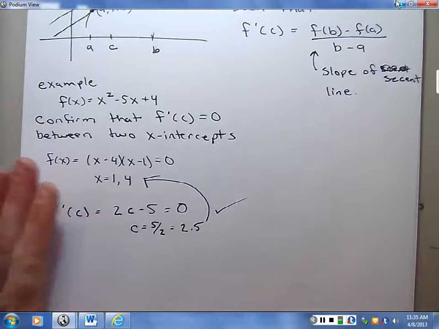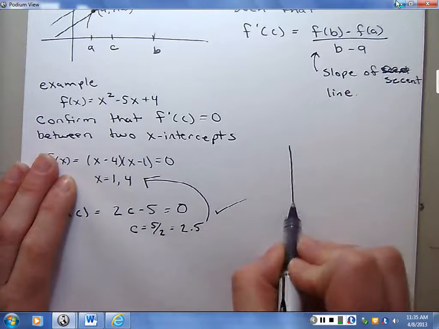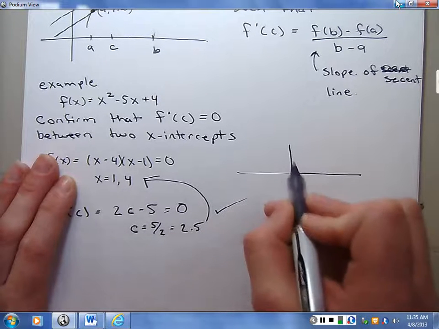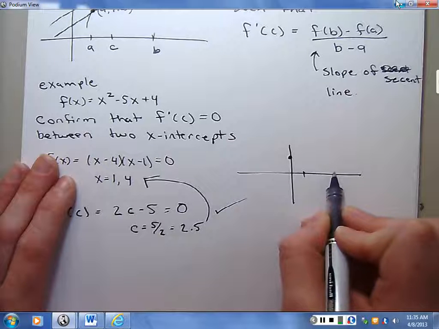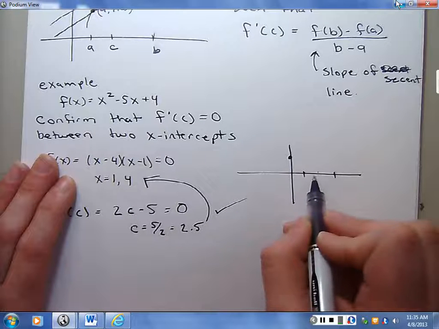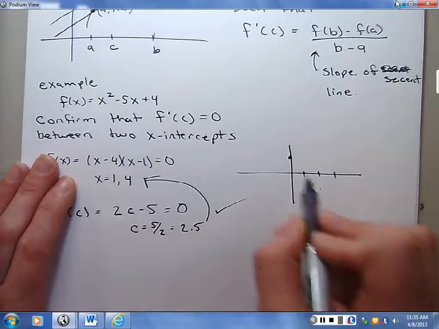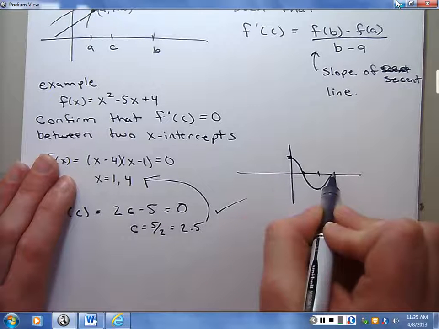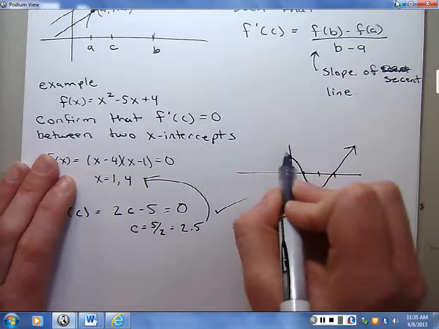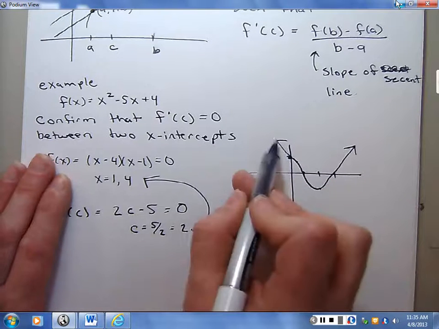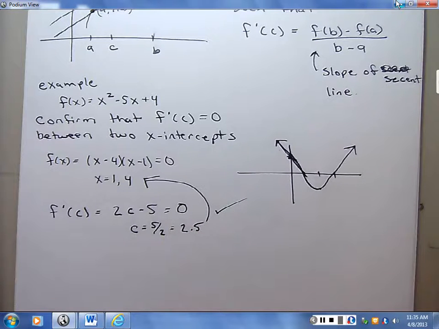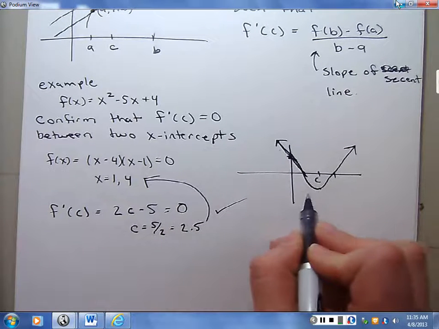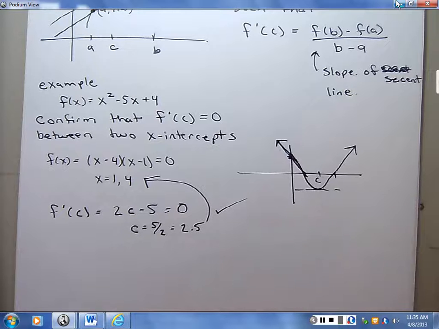So if I was to graph this, this is a quadratic that opens up, that has an intercept here, and here, so it looks like this. So this point being C, that's the point you're solving for.